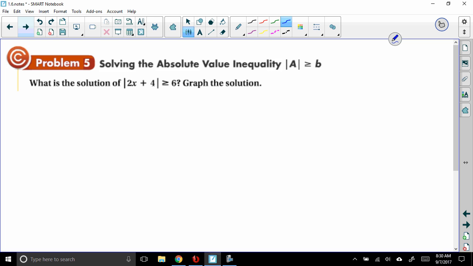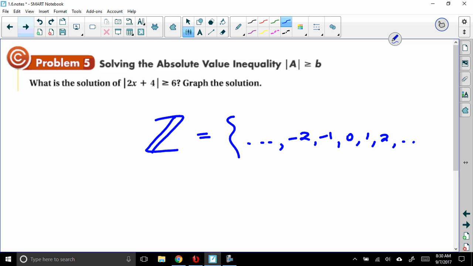If we talk about these numbers, what are those numbers called? They're called the integers. Some people spelled it wrong, and I can understand where this comes from.